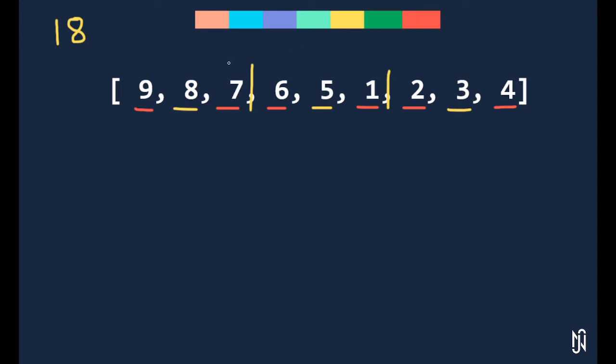So if we were to switch this 7 with, say, this 3, Bob would get 3 coins here. Alice, instead of taking 4, would take 7 coins here.